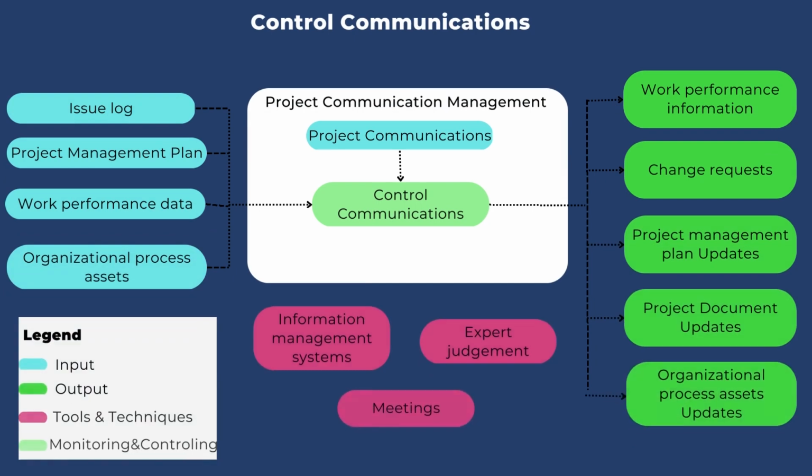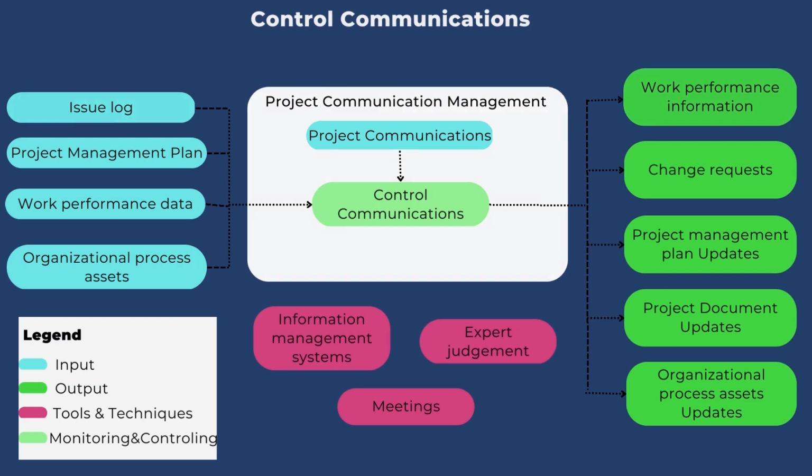The inputs to this process are project communications, issue log, project management plan, work performance data, and organizational process assets. Some techniques like seeking expert advice from different stakeholders are used in this process. The major outputs of this process are the work performance information, change requests, and updates on project management plan, project documents, and organizational process assets.